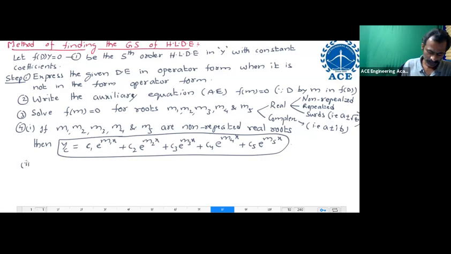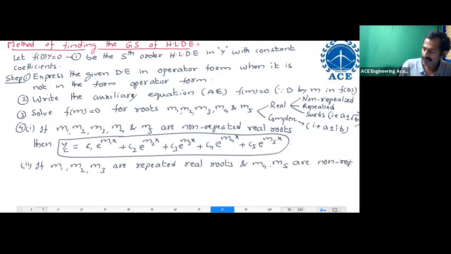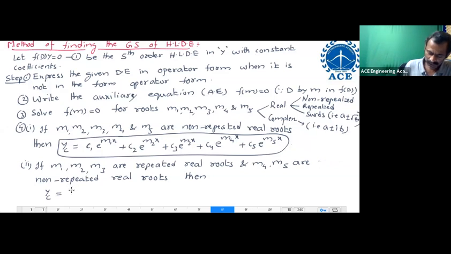Same fourth step, second bit. If m1, m2, m3 are repeated real roots and m4, m5 are non-repeated real roots, then yc equal to, corresponding to the first 3 repeated real roots, we write the linear combination like this: C1 plus C2x plus C3x square into e power m1x, with m1 equal to m2 equal to m3.